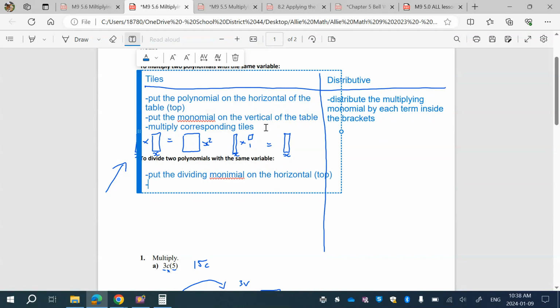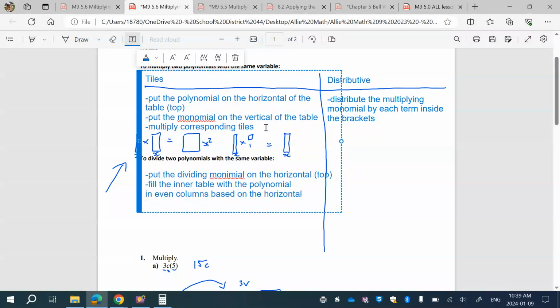And then fill the inner table with the polynomial in even columns based on the horizontal. And then the last step, solve for the vertical tiles.